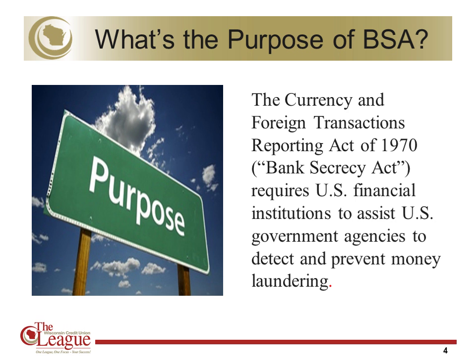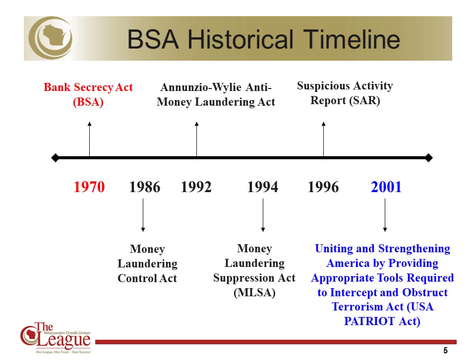The BSA laws help identify the source, volume, and movement of currency and other monetary instruments that are transported or transmitted into or out of the U.S. or move through financial institutions. In addition to preventing money laundering, it helps in the investigation of tax evasion, international terrorism, and other criminal activity.